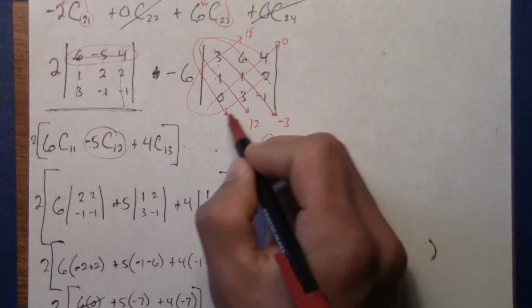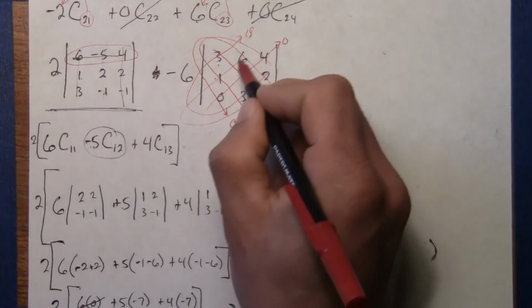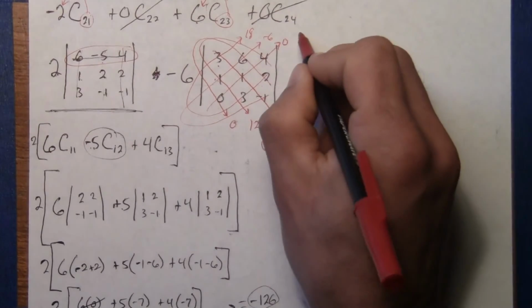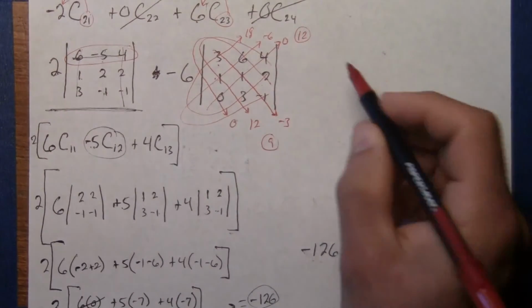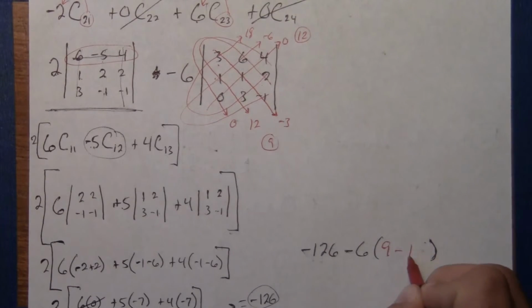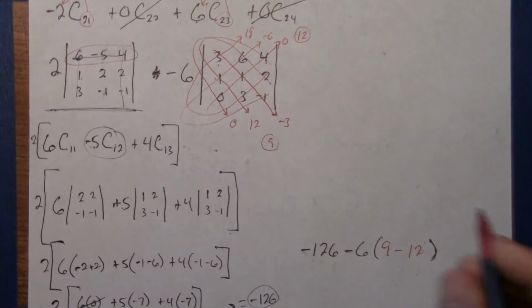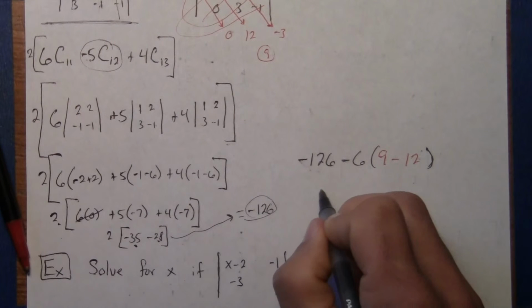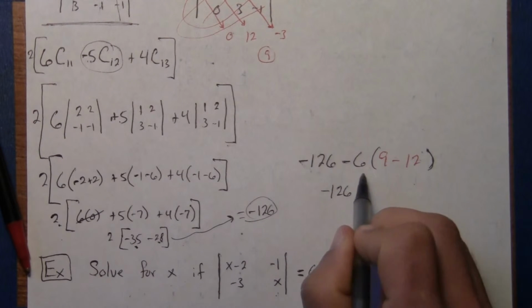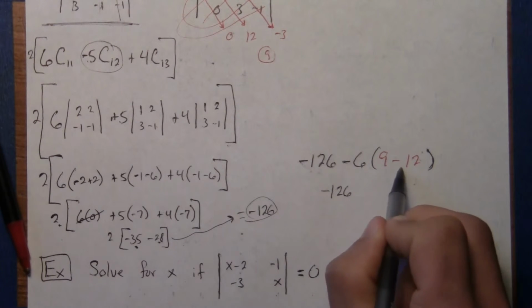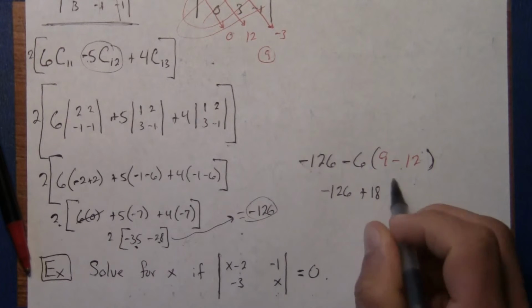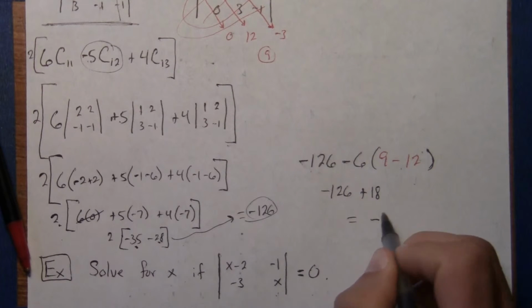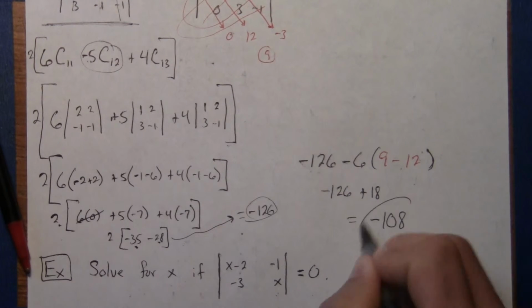And then I have negative 1 times 6, or that's going to give me negative 6. Adding those together gives me 12, and so this is going to end up being 9 minus 12. It's always the bottom one minus the top one. And so now I've got negative 126 times negative 6, negative 3, basically plus 18, or my final answer is going to be negative 108.